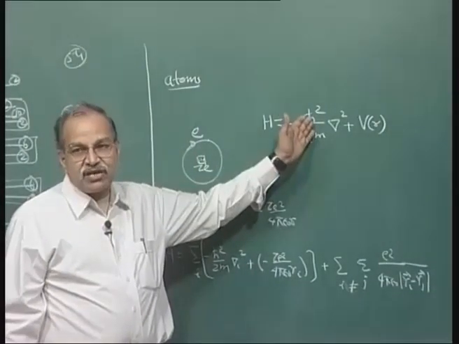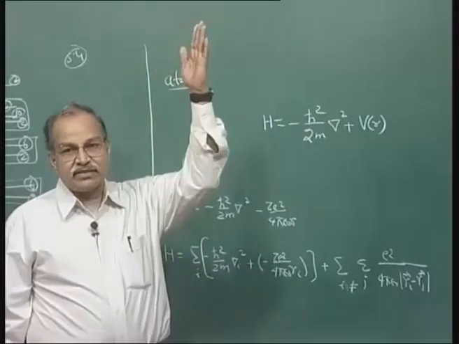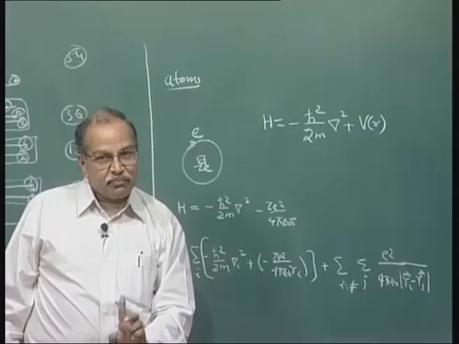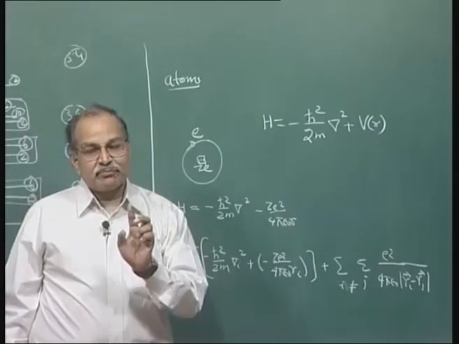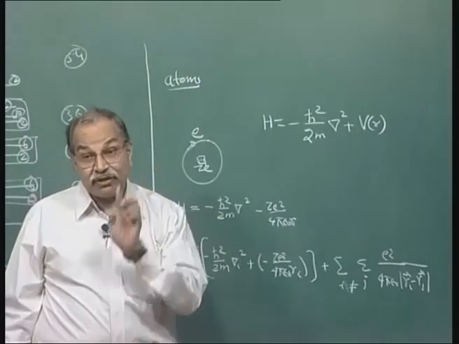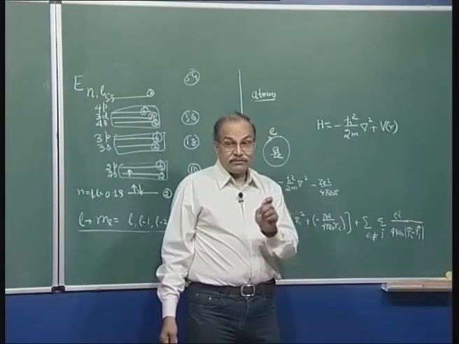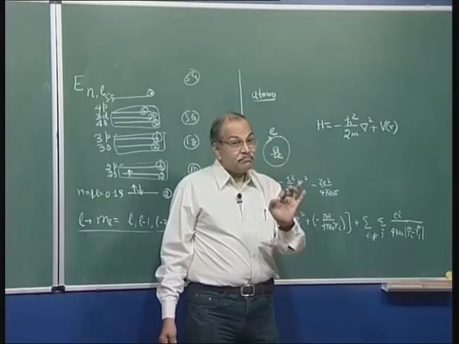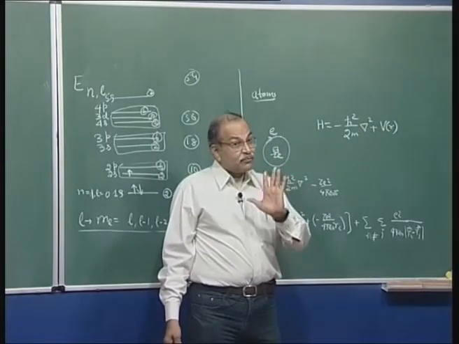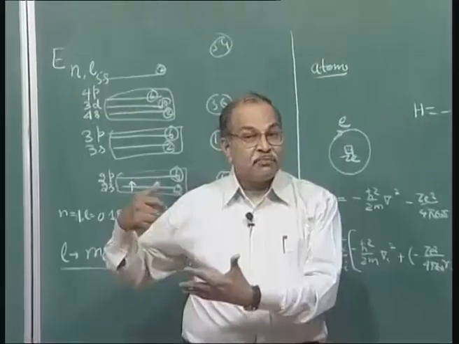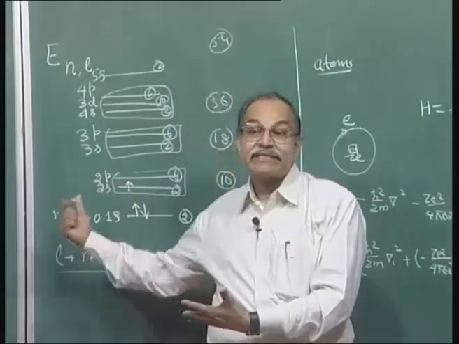Solve this potential, get the energy levels, and then fill those quantum states from below, remembering that protons and neutrons are also fermions. So, one quantum state can accommodate only one particle. So, all that Pauli exclusion principle, and then you come up with a similar shell structure.